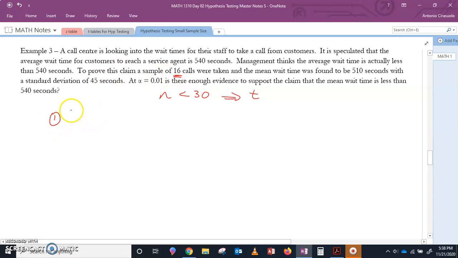First, we're going to start off with stating the hypotheses. There's our null hypothesis and our alternative. Pause the video and see what you come up with. Well, from our statement, we can see that it's asking the claim that the wait time is less than, so the mean is less than 540 seconds.